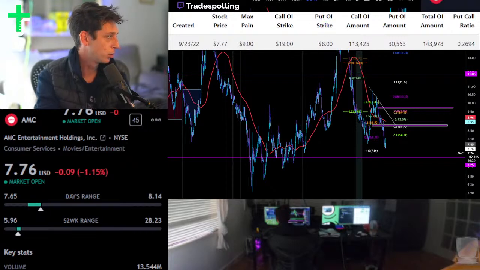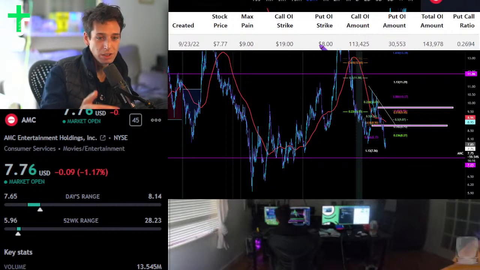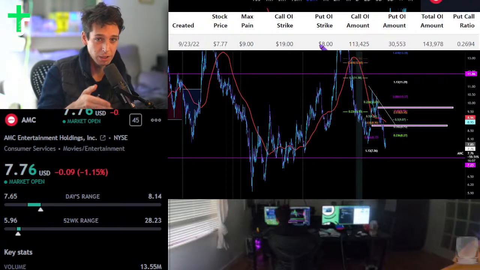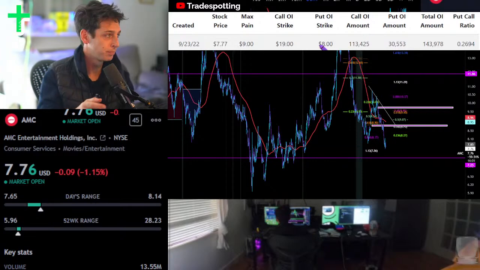Highest put open interest strike, $8. The largest degree of open interest only just made it into, this is all maturing this week, strike price for $8, and it closing this Friday, today, in a couple of hours.